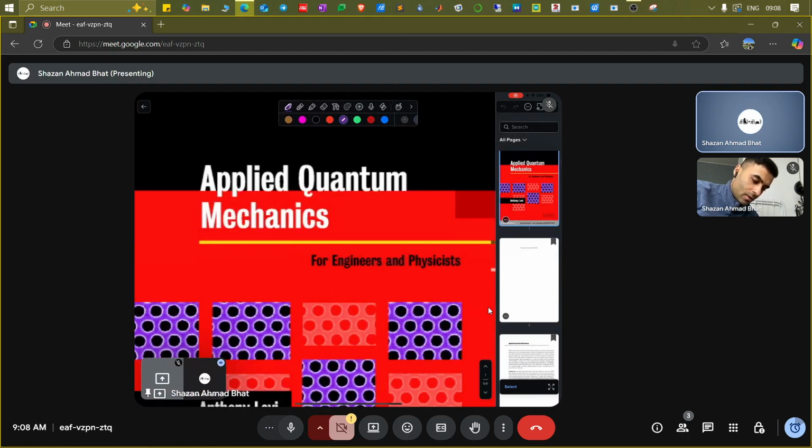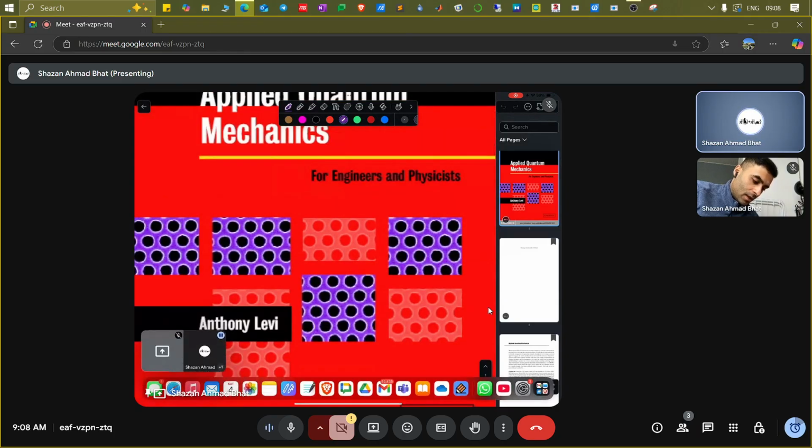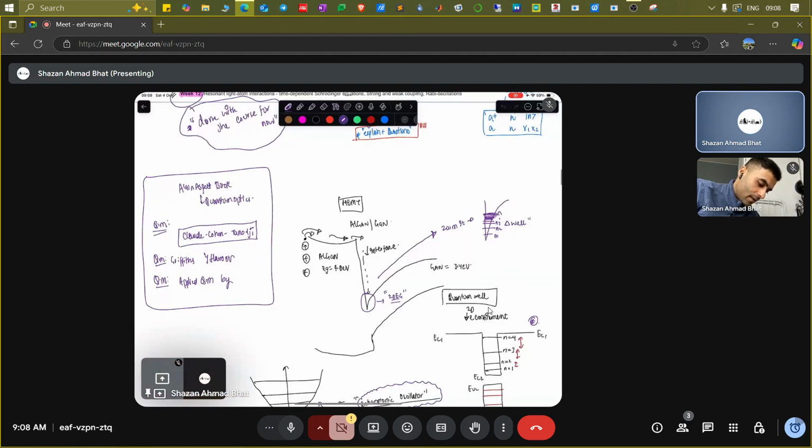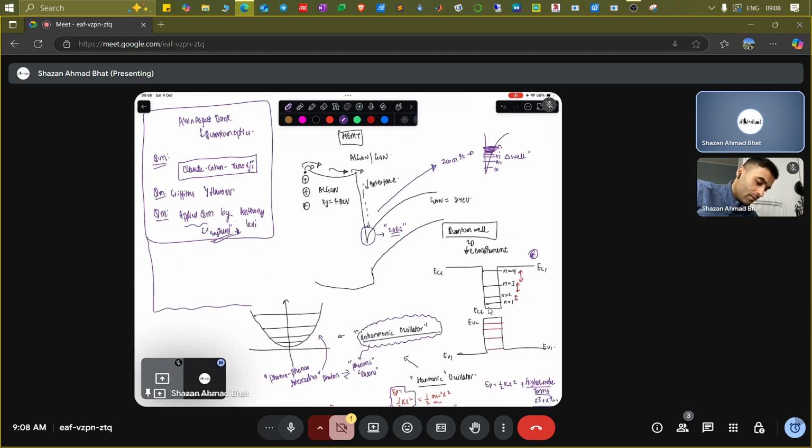So this is the book by Anthony Levi. This is particularly for applied physicists as well as engineers. It talks about maybe the fabrication stuff. It talks about quantum dots, single photon sources, and semiconductors as well.